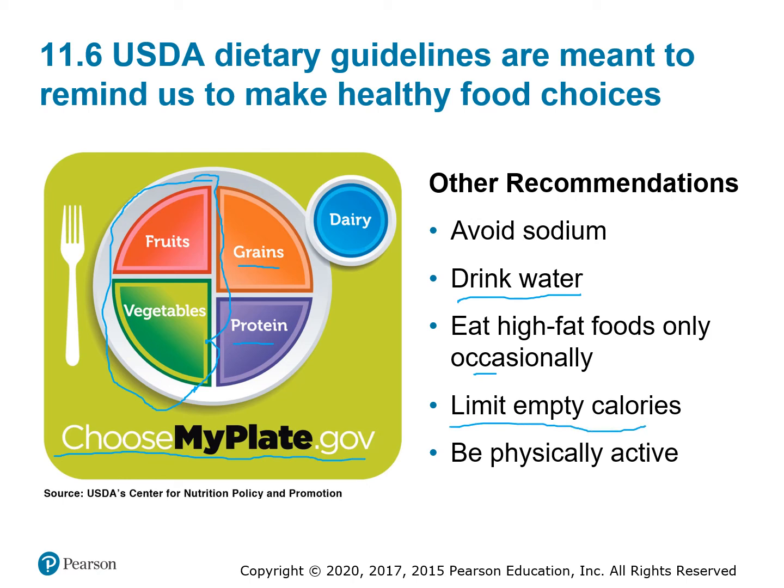So empty calories are things like soda pop, like Coke or 7-Up or whatever we drink these days, that's just a bunch of sugar and chemicals, right? So it does provide calories, but it doesn't provide really good building blocks, things like amino acids and other building blocks that are needed.